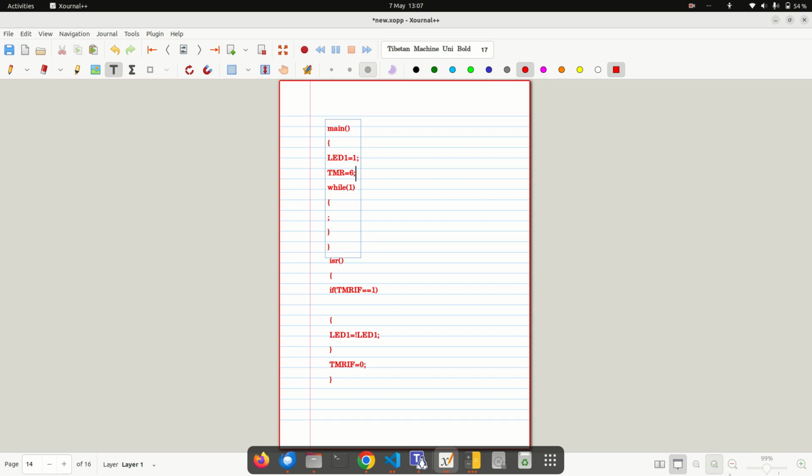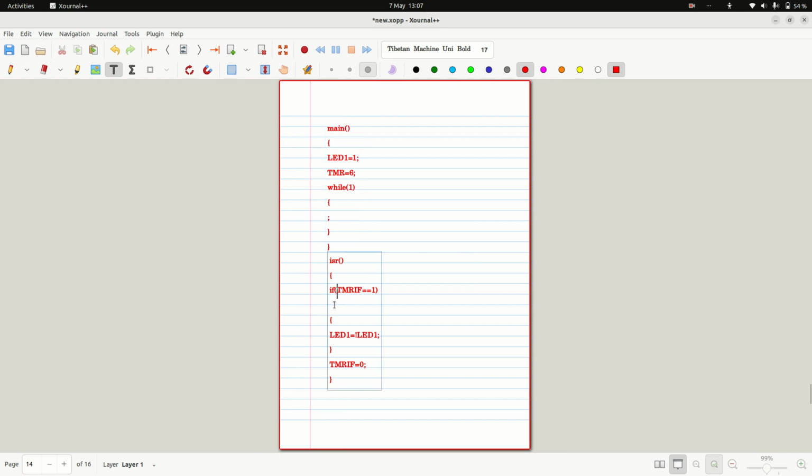And also after this TMR IF equals to 1, here also I am going to write TMR equals to 6. So this is how you are going to achieve a bigger time.